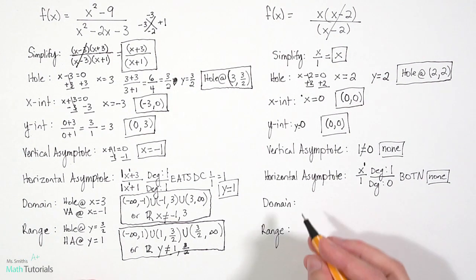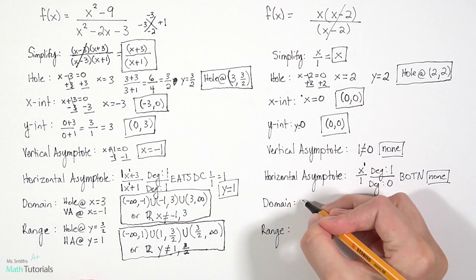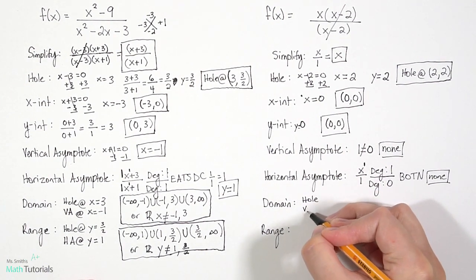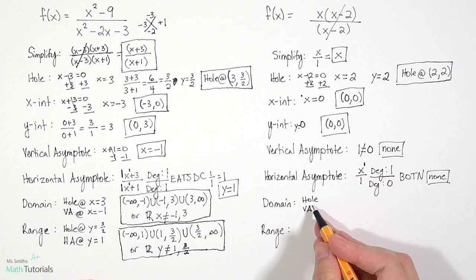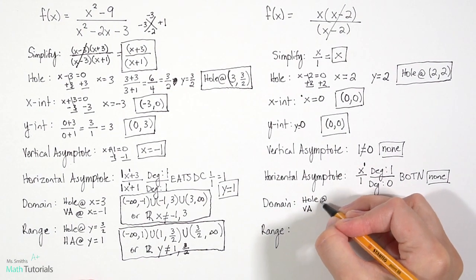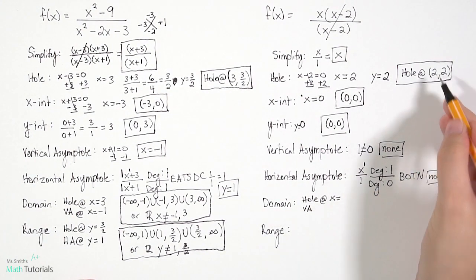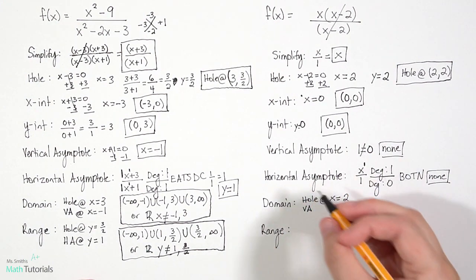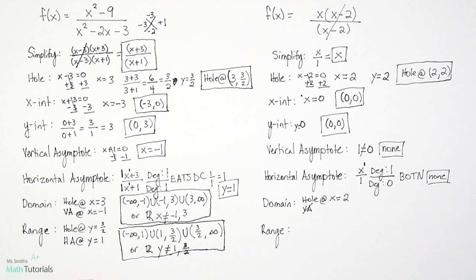So remember, our domain is all real numbers, but we want to be cautious of the holes and the vertical asymptote. So we had a hole at the x value 2. And remember, we didn't have a vertical asymptote, so we just don't have to worry about that part.